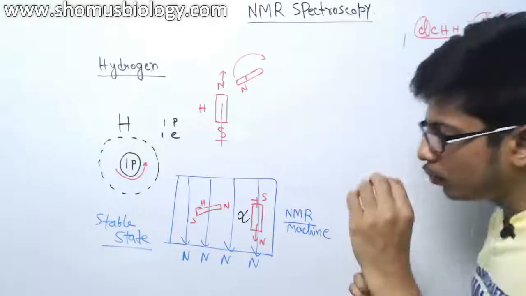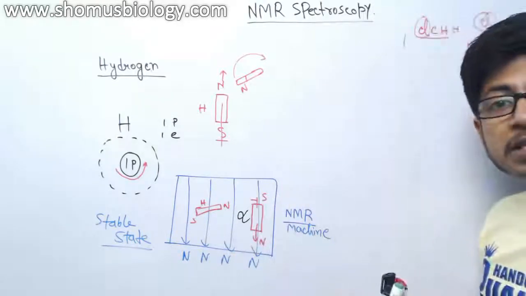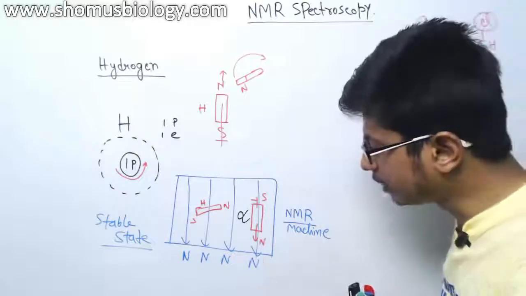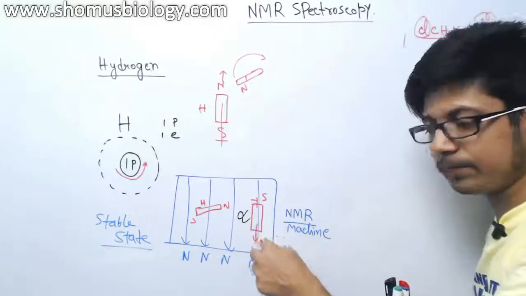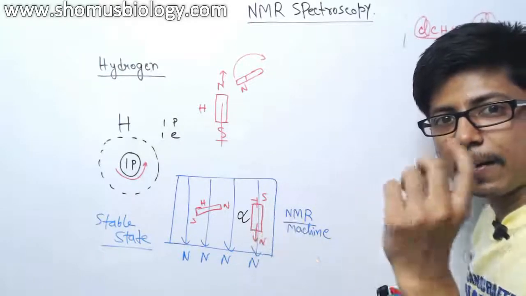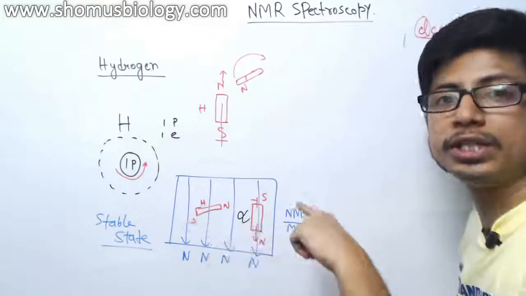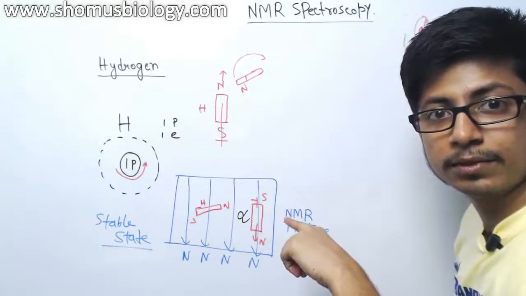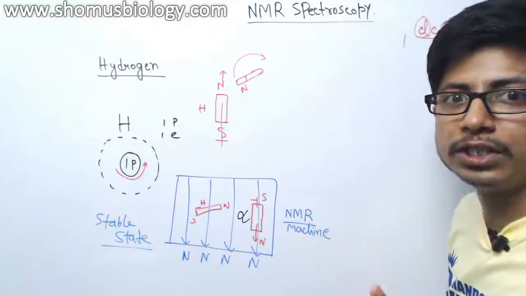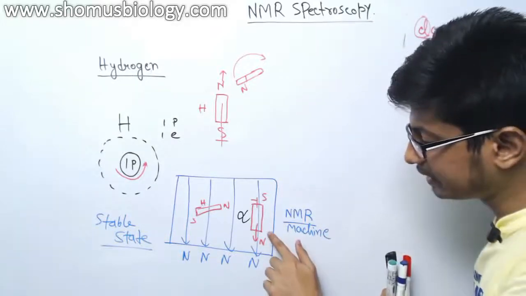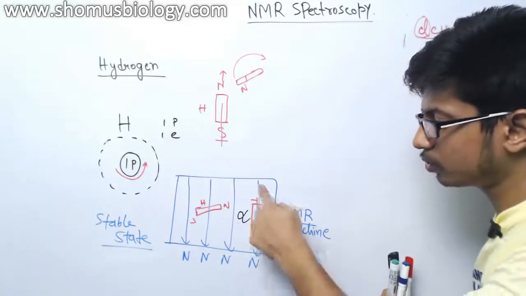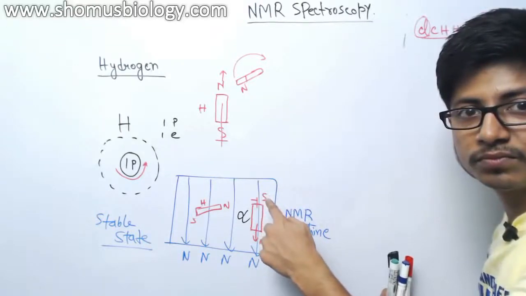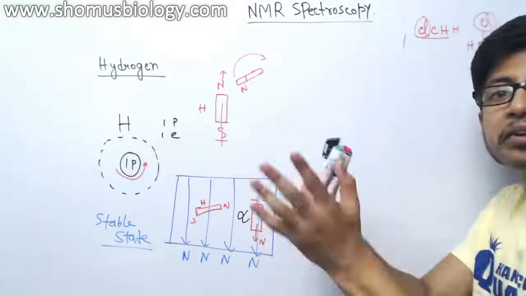Let's say we want to apply some energy so that we can turn this hydrogen in the opposite direction, 180 degrees opposite. That means we want this north to go towards the south. We want it to be completely reversed.